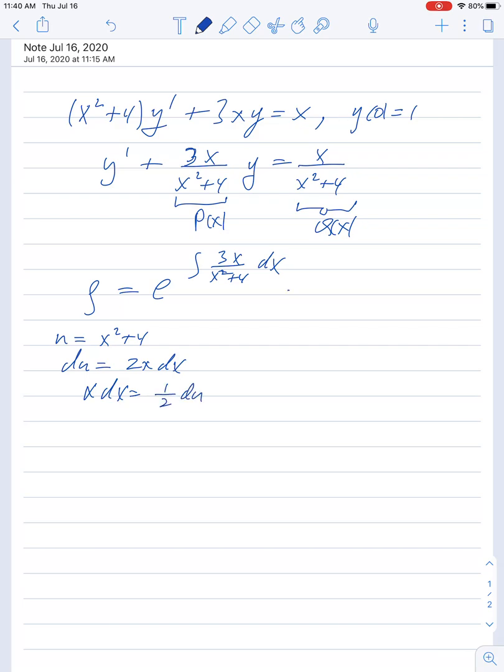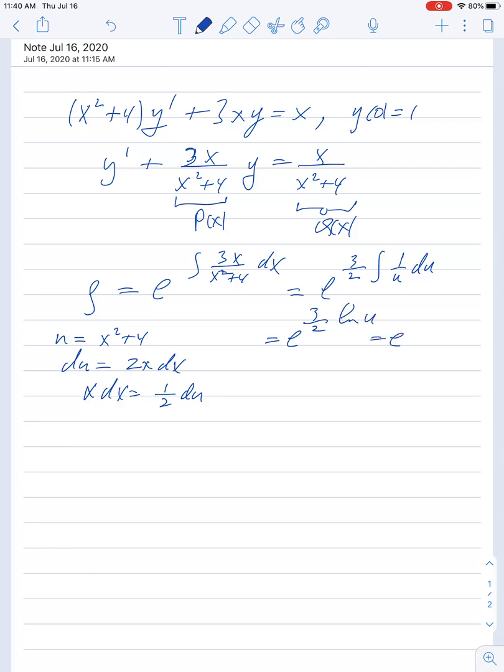Now the integral changes this way. Exponential, there is a coefficient 3, then divide by 2. Let's put this outside: 3/2 integral 1/u du. And this will be exponential 3/2 logarithm u.